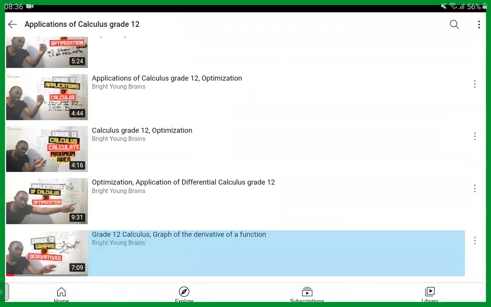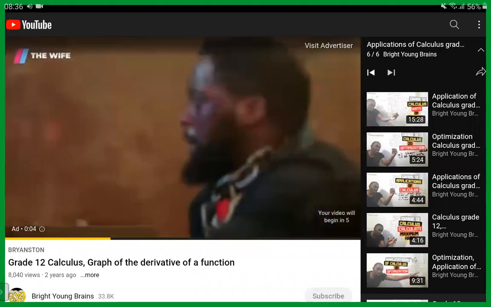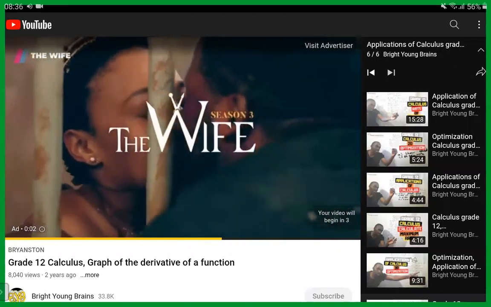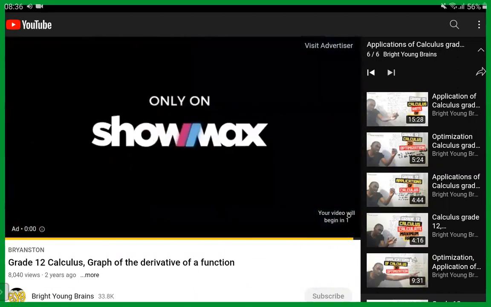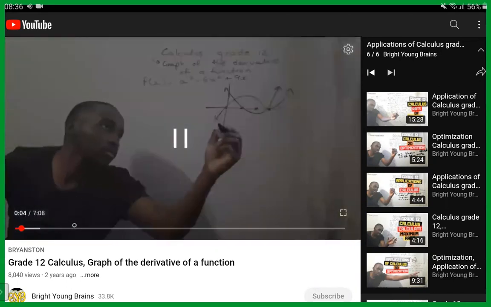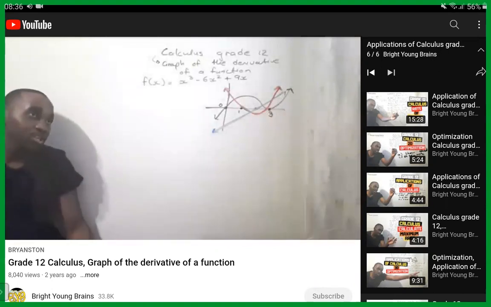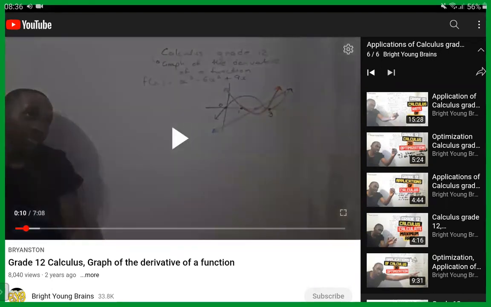This tutorial basically touches on how, if you have a cubic function, you can differentiate it and you'll have a parabola, and then differentiate it again, you'll have a straight line. And it basically talks about how all these are linked together. So you can watch that.